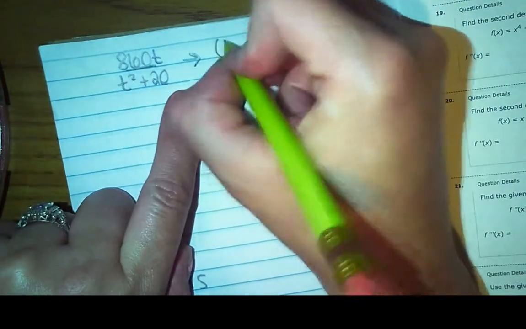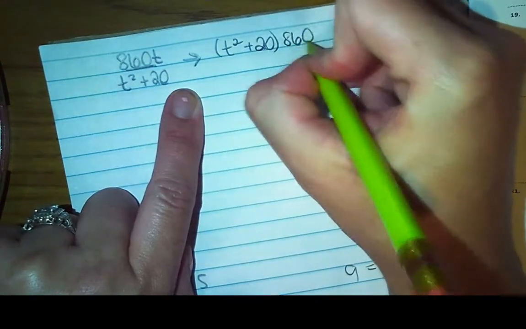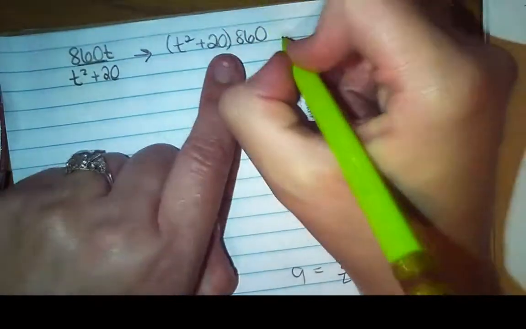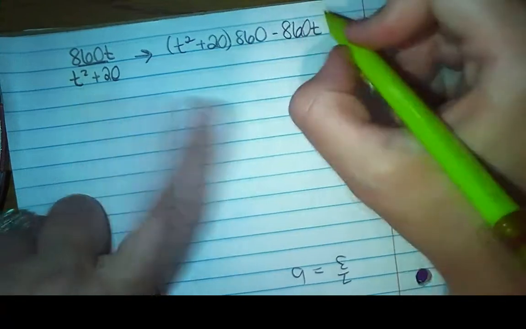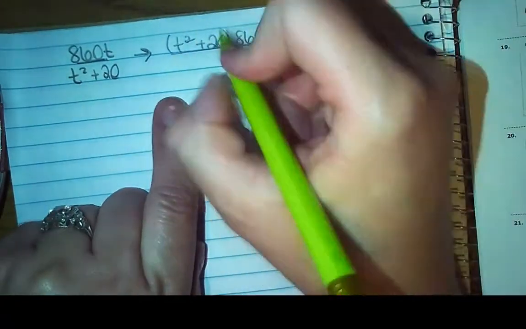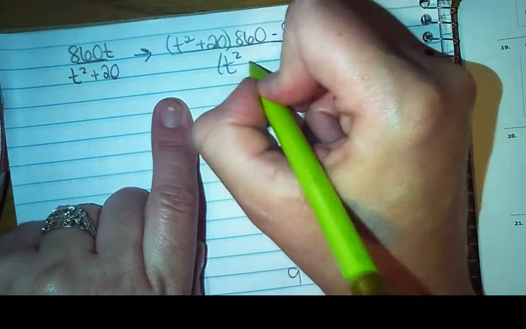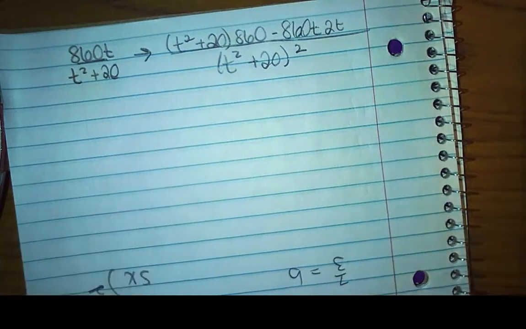So I've got the bottom times the derivative of the top, which is 860, minus the top, which is 860t, times the derivative of the bottom, which is 2t, all over the bottom squared. So I got t squared plus 20 squared.